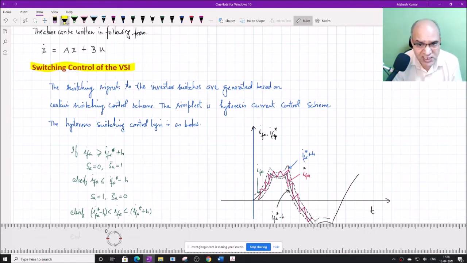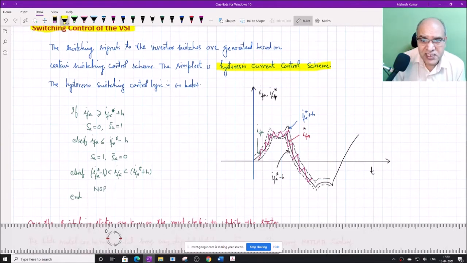The simplest form of switching control scheme is the hysteresis current control scheme. It is the simplest form and it is fastest in action because it takes only one sampling time to implement the concept.